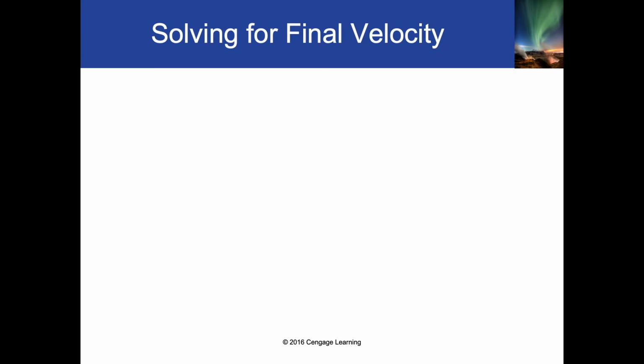Well, we already have the formula, right? A equals Vf minus V0 over t. That's our acceleration equation that we already have. And what we need to do is get Vf by itself, to solve for the final velocity, which is really simple.